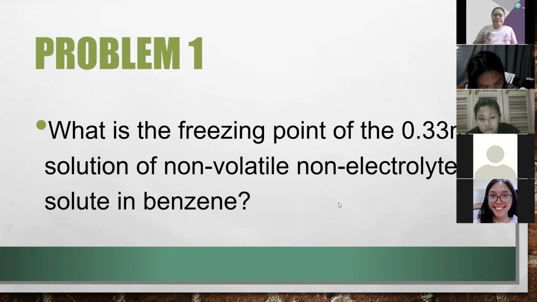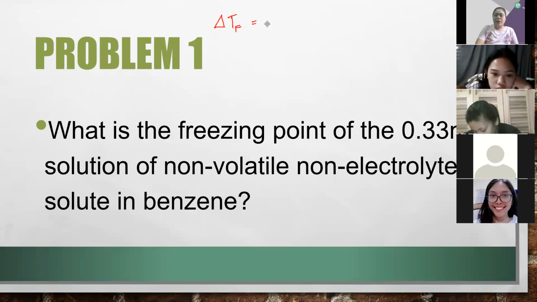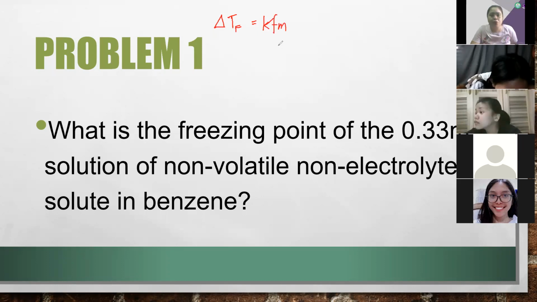Listen. So the same manner of computation. The change in the freezing point temperature is equal to Kf m. What is our solvent here?